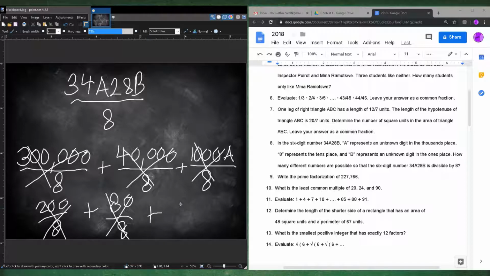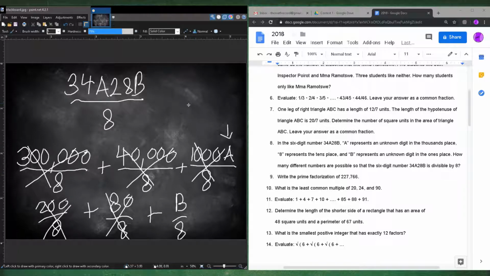So we don't have to worry about it. Now we just have B divided by 8, right? Based on this idea, you can split 340,28B into parts, and you find that this is an integer, this is an integer, so any number that you substitute for A will always be an integer.